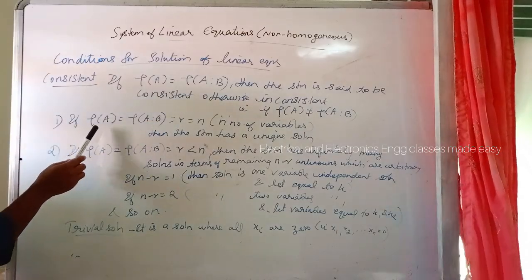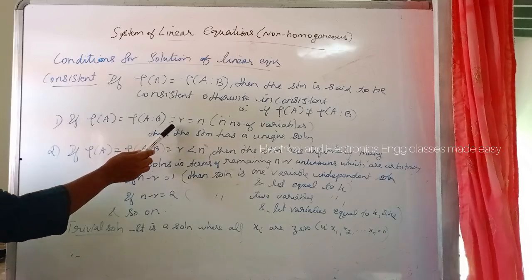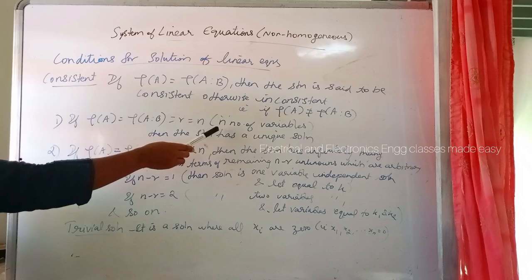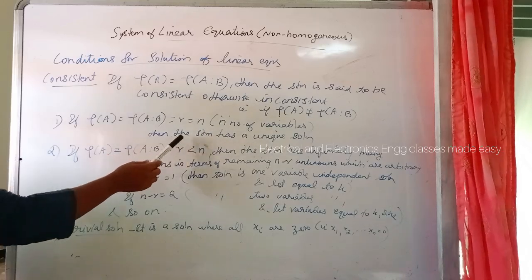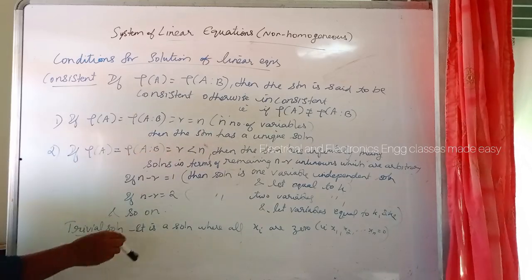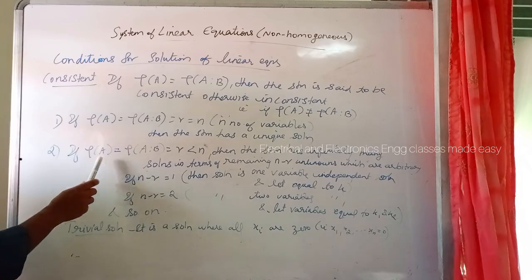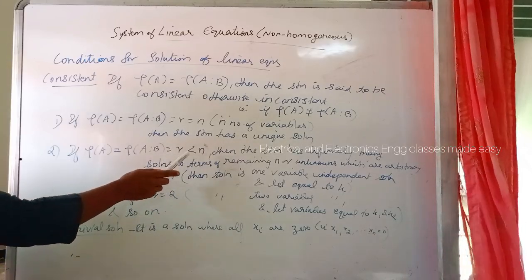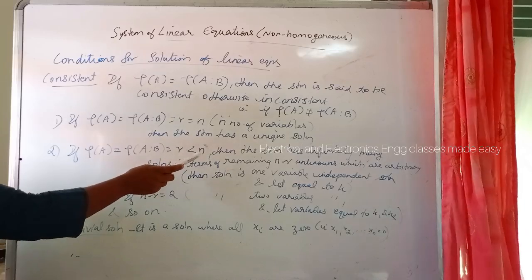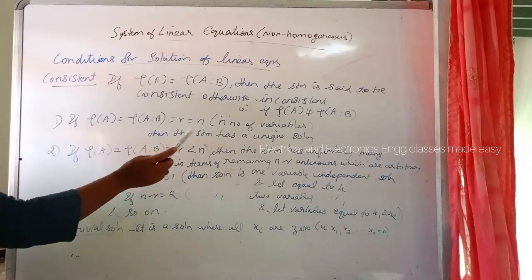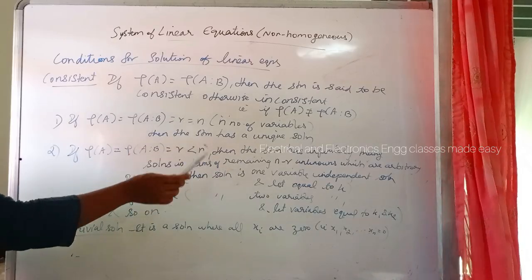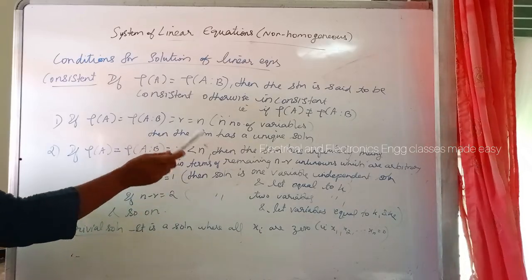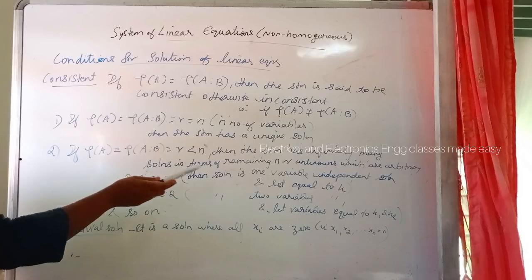And if the rank of A is equal to the rank of AB equal to r equal to n, that is, n is the number of variables, then the system has a unique solution. And if the rank of A is equal to the rank of AB equal to r, which is less than n, then the system has infinitely many solutions in terms of the remaining n minus r unknowns which are arbitrary.